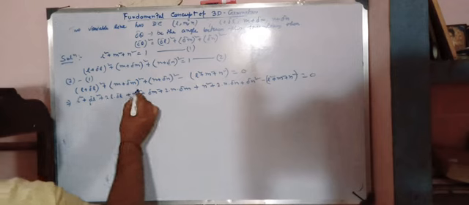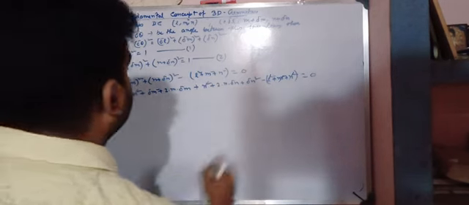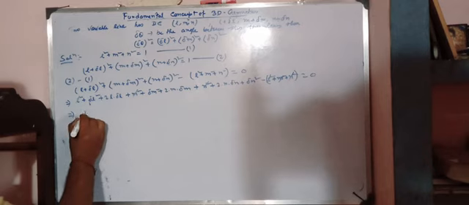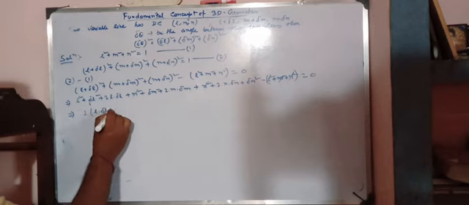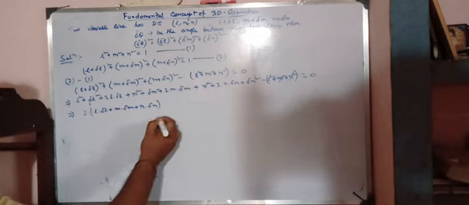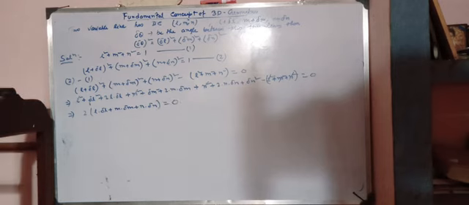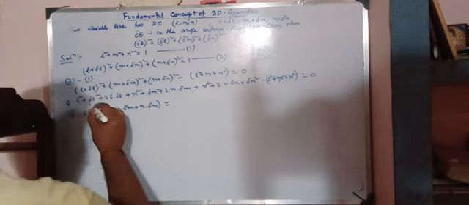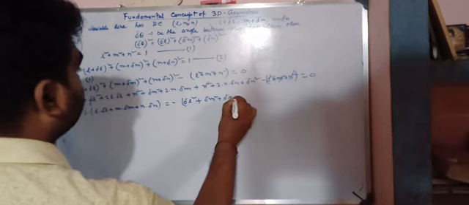Now this cancels with this, so we get the result 2 into l delta l plus m delta m plus n delta n equals minus delta l square plus delta m square plus delta n square.